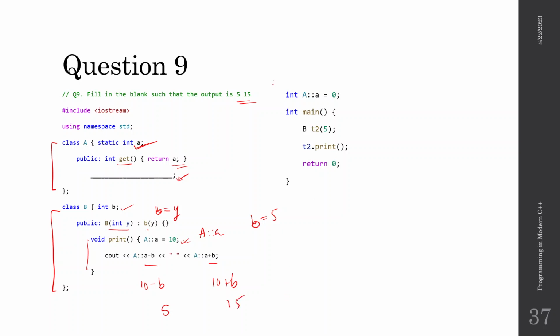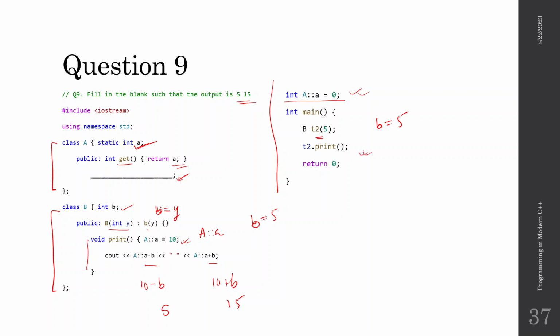Now we come to the main function. Another thing is that over here we initialize this static data member small a as 0, and then in the main function we create the t2 object with small b as 5, and then we call t2.print.